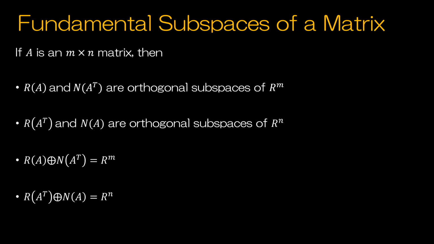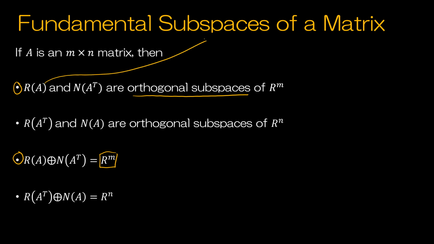So why is this important? Because we know that the column space of A and the null space of A transpose are orthogonal subspaces. And additionally, their direct sum is all of, in this case, R4. So let's think about the example we just did.